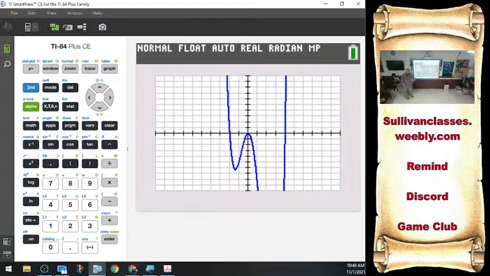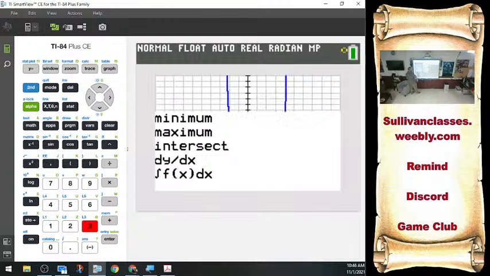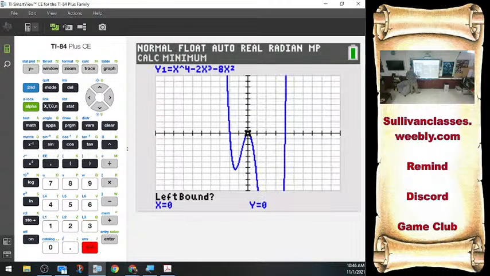One is called a relative, one is called an absolute. If I want to find a minimum here, then put blinky on either side of it. I can't say my left boundary is here and my right boundary is here and have it give me both of them. It's not going to do that. It's just going to give me whichever one's closer to my boundaries. You just have to do this twice. I'm going to calculate a minimum somewhere between negative 3 and 0.